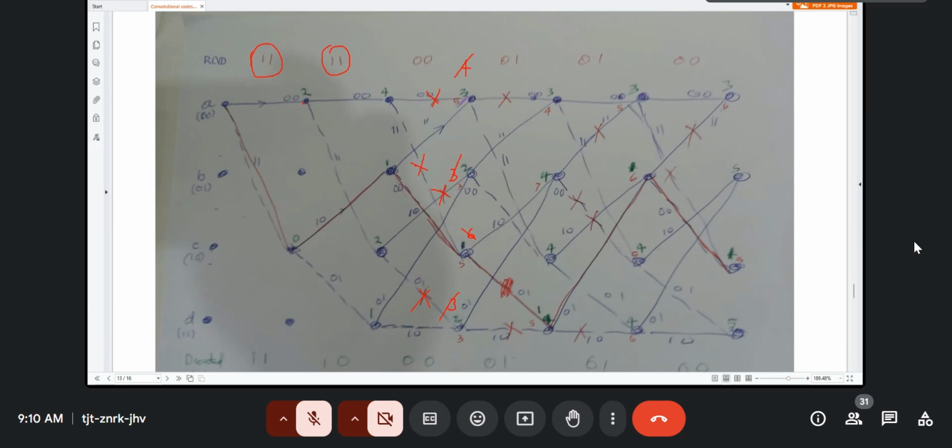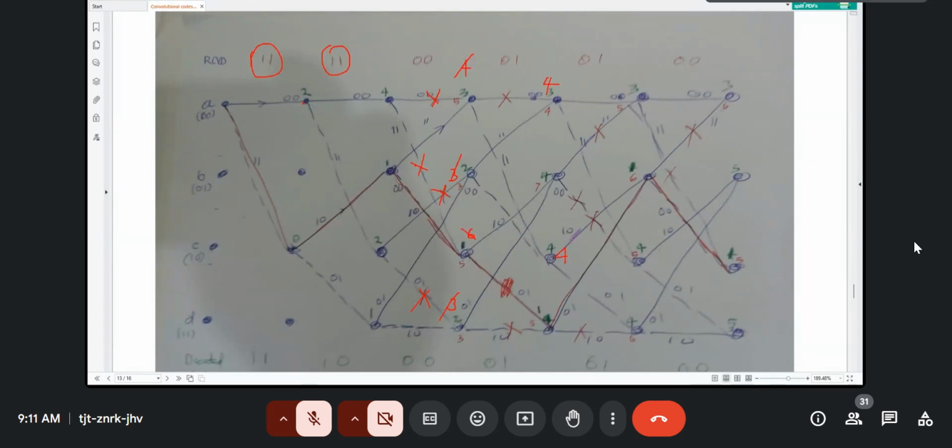Now we go to the next one. Now we are here, we have a path of 3. This is 0, 1. This is 0, 0. So this is a distance of 1. So 3, this will become 4. Then this is 3. This distance is 1 again. This was 3, this will become 4.